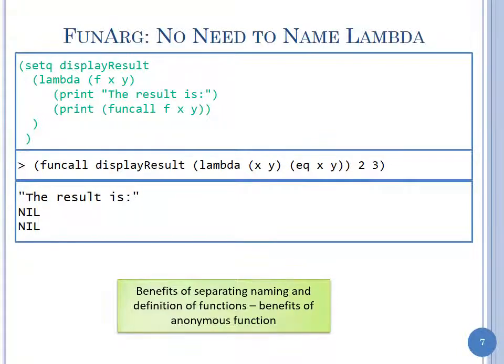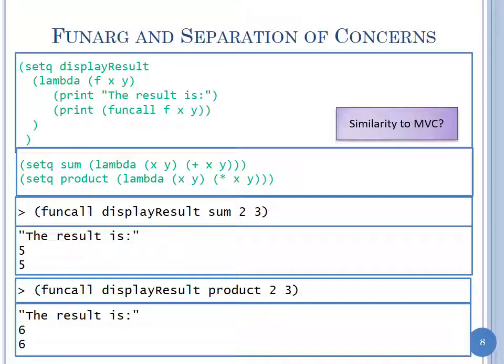Let me go back to this separation of concerns, similar to MVC. Look at this F here. F is doing the computation. This particular function doesn't do any computation. It's just doing display, so think of separation of I/O and computation.